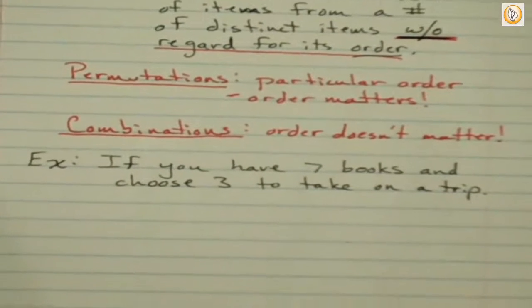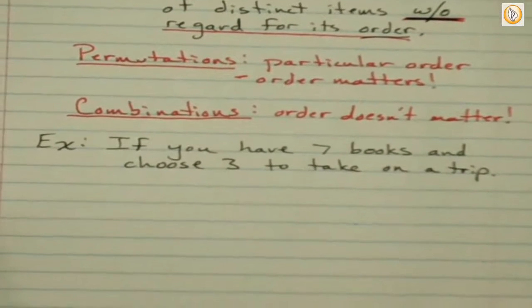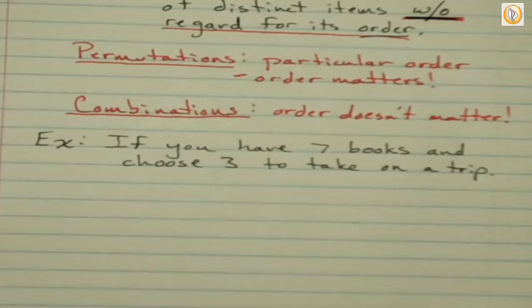We're not going to solve it just yet. You have 7 books. You're sitting there looking at 7 books, and you choose 3 to take on a trip. Does it matter if you choose one of the books first, or second, or third? No, you're just choosing 3 random books.